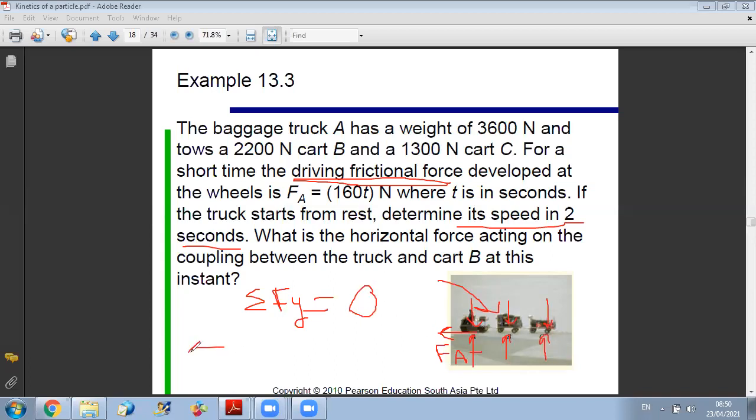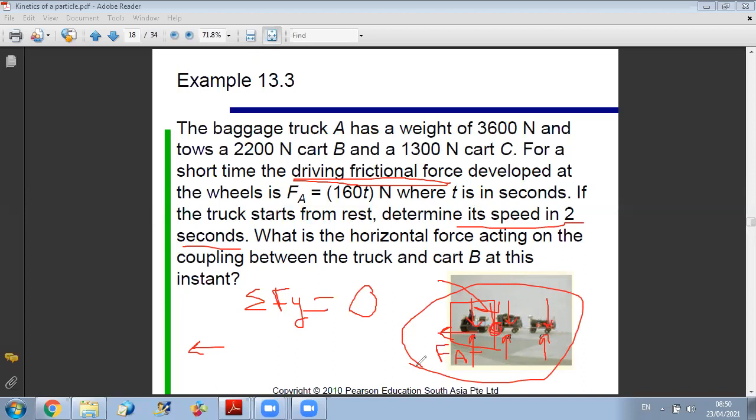If I write the equation along x, what is the system I will take? Since they are all moving together, I will take the whole system. You know why? Because if I choose to take A alone, I am adding a problem. What is the problem I am adding? What is happening here between A and B?